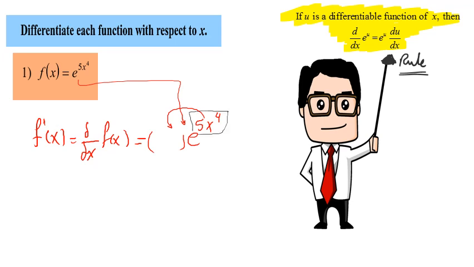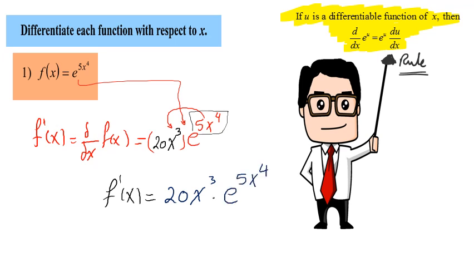The derivative of 5x to the power 4 is 4 times 5, which is 20, and subtract 1 from the exponent, so 20x to the power of 3. So the final answer for f dash of x is 20x to the power of 3 multiplied by e to the power of 5x to the power of 4.